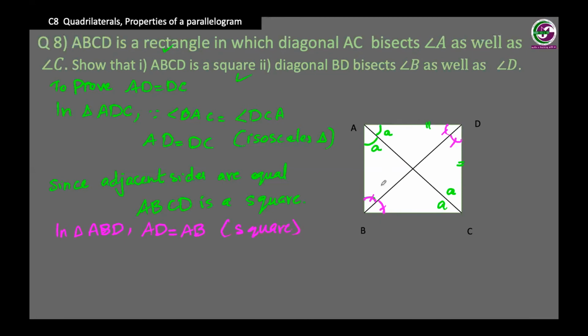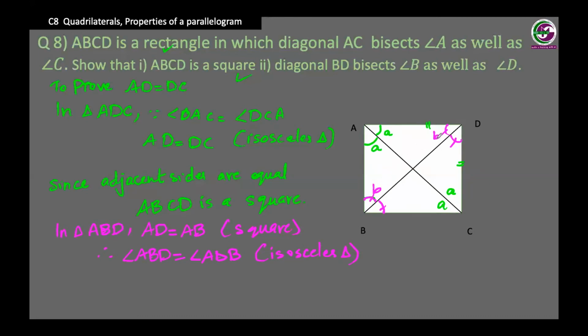So if these two sides are equal, the angles will be equal. So let us consider this is B, that is also B. Therefore, angle ABD is equal to angle ADB. Isosceles triangle property. So we get these two angles are equal.